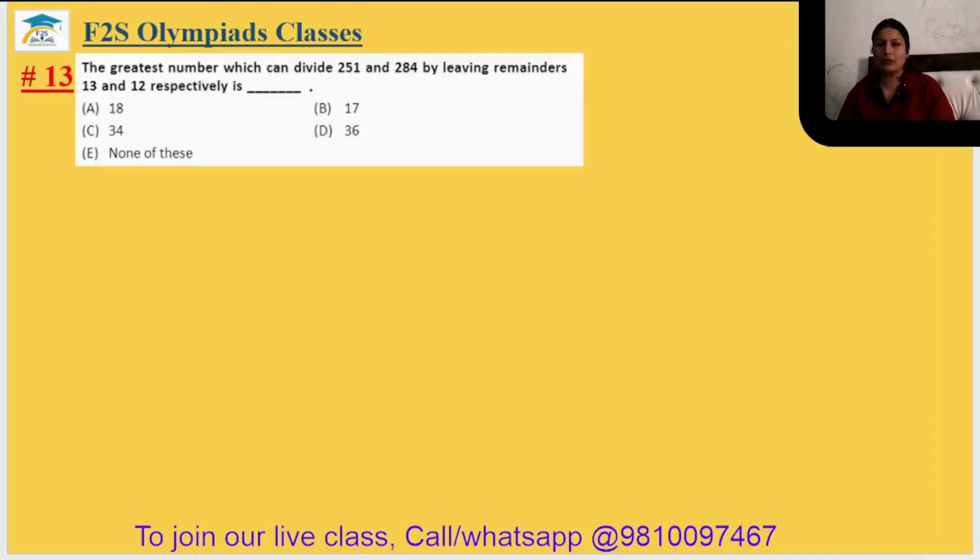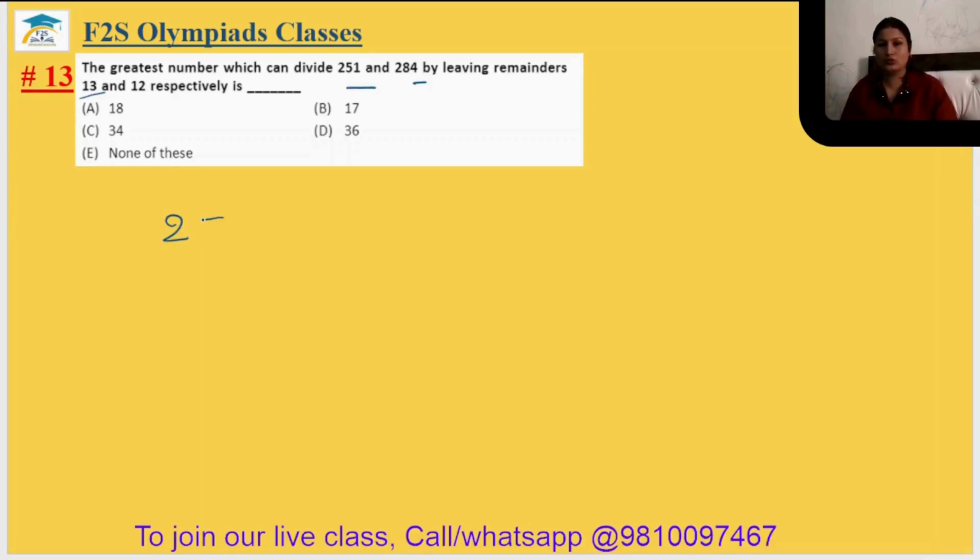The greatest number which can divide 251 and 284, leaving remainders 13 and 12. What will be the greatest number? That greatest number will be the HCF. So how much remainder should be left here? 13.